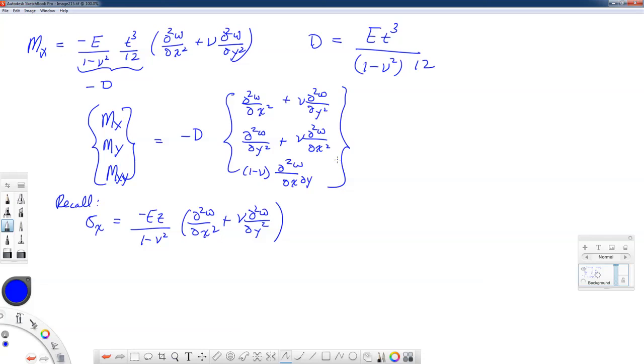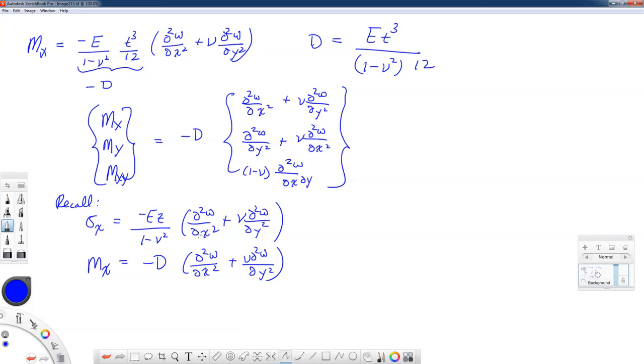Well, let's do it this way. We also have the term mx that is equal to minus D times this common term that we have right here.